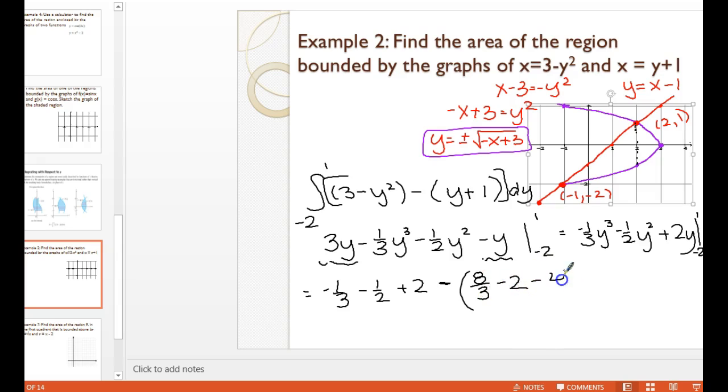And the negative times positive gives you that negative 4. Ironically, which I didn't do, the answer is 9/2 again, or 4.5. We end up with another 4.5 answer today.